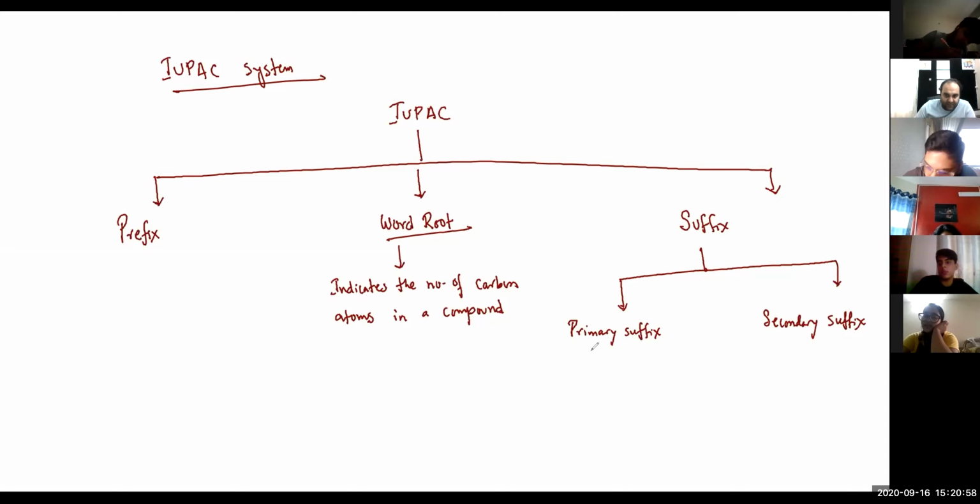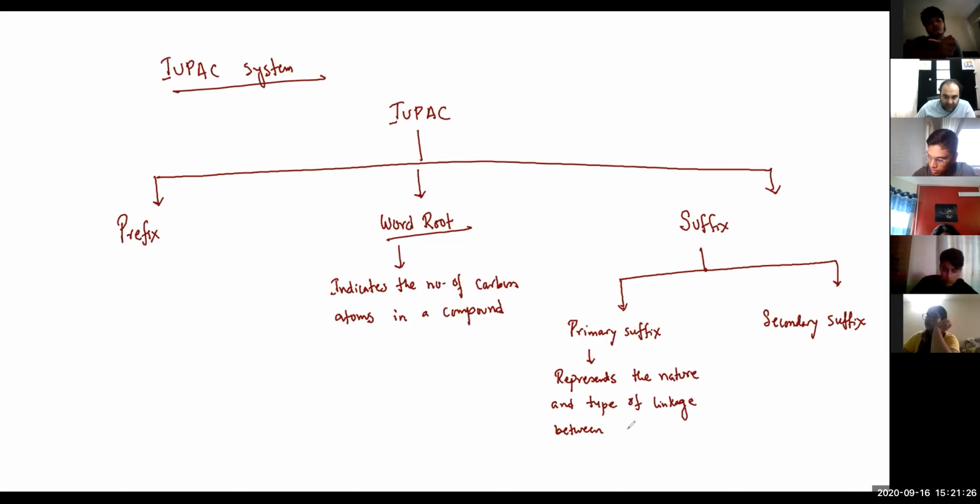So primary suffix represents the nature and type of linkage between carbon atoms.